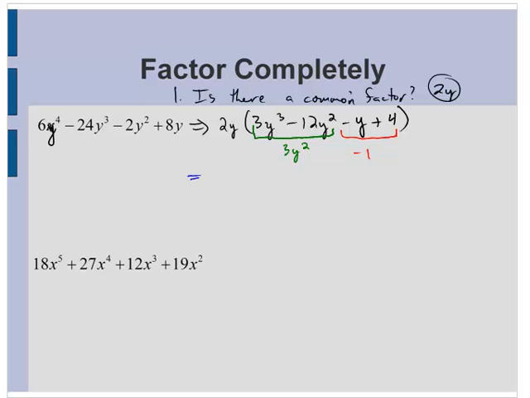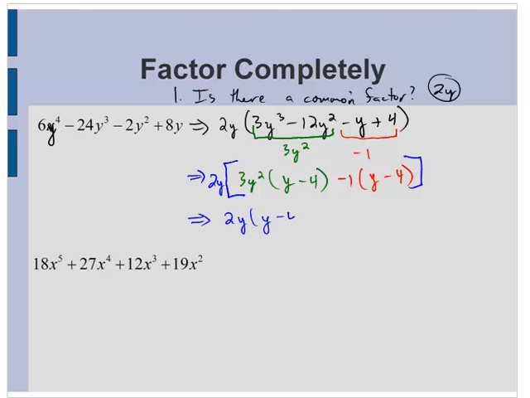So I'd have 2y, and I'm going to introduce brackets here just to help distinguish things. I'd have 2y times 3y squared by, let's see, we would have to have a y minus 4, and then a minus 1 times y minus 4. And so then this would factor completely as 2y by y minus 4 by 3y squared minus 1.